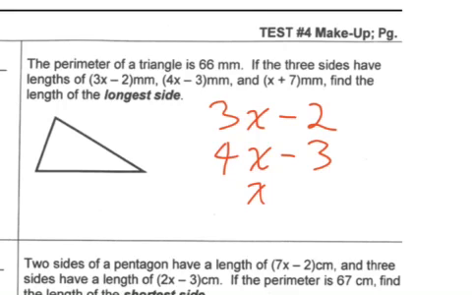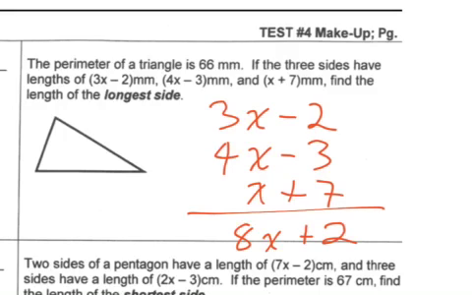Does this help? We get a total of 8x now. And that's a negative 2 minus 3 makes negative 5. Negative 5 plus 7 makes positive 2. And that would have all been equal to 66 in this case. So you would solve it, get x equals 8.